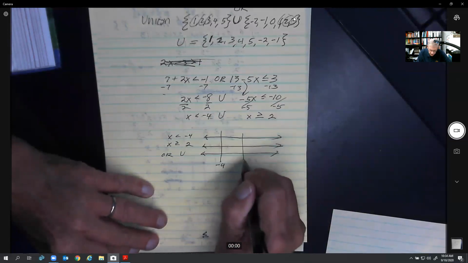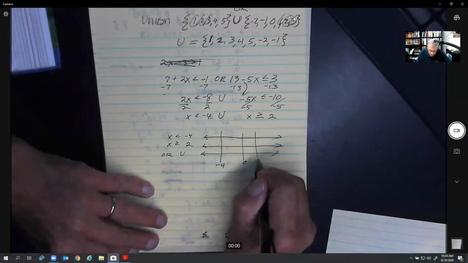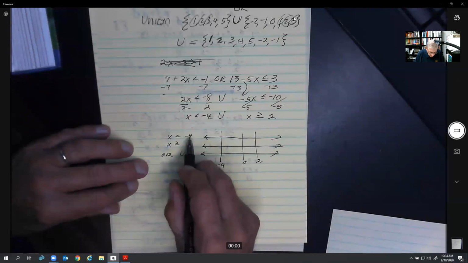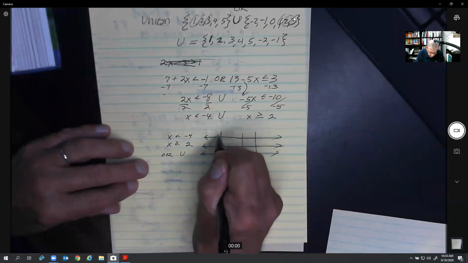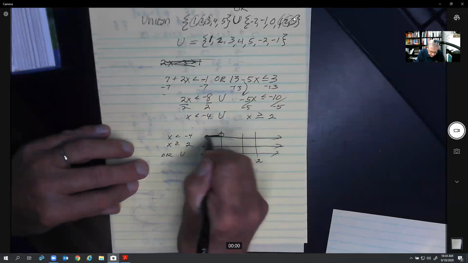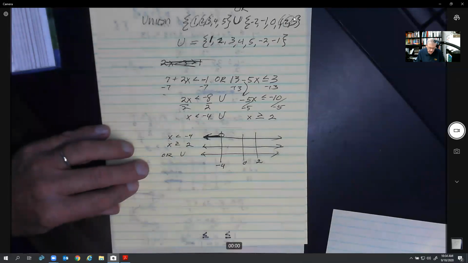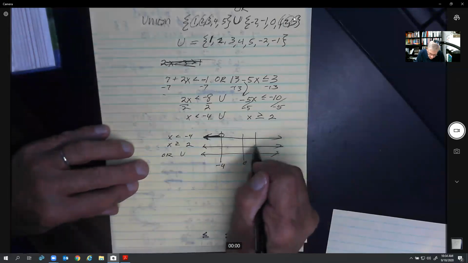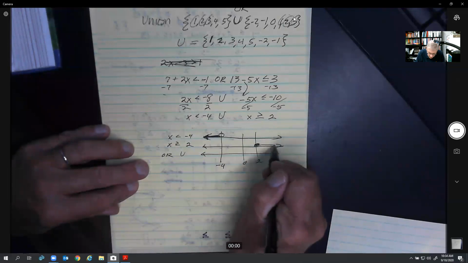Somewhere in here there's a 0, and somewhere there's a 2. On my first graph, it says it's less than -4, so I'm going to put an open circle and go this way. On my next graph, it says it's greater than or equal to 2, so I'm going to put a solid dot and go this way.